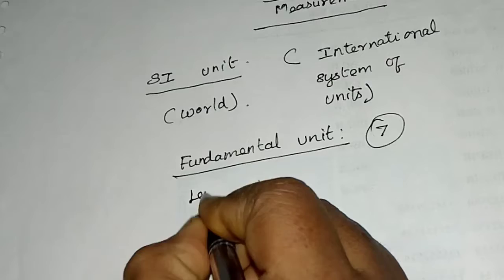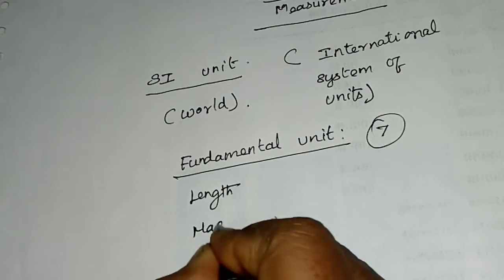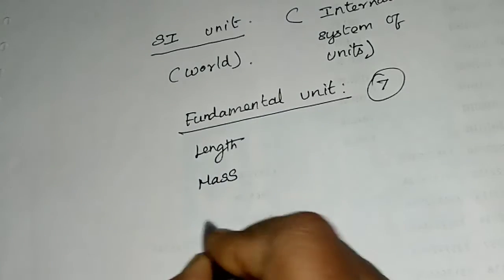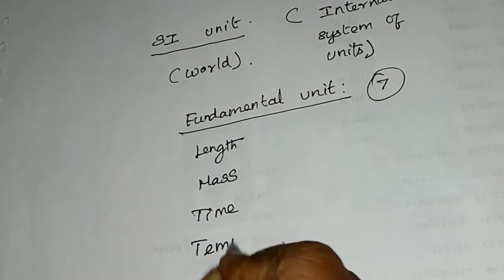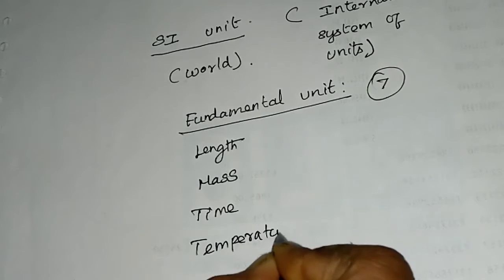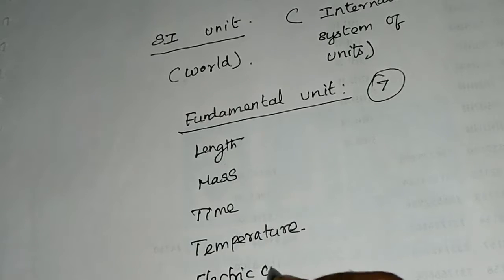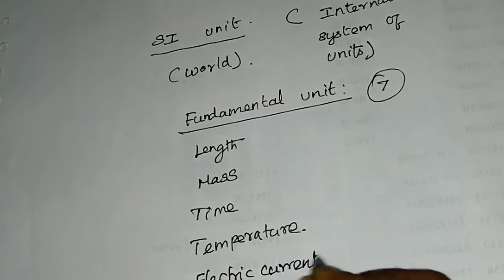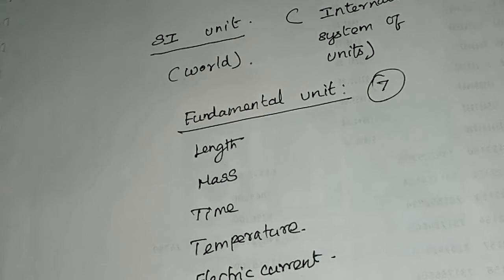That is length, mass and time, temperature, electric current, luminous intensity, and amount of substance.